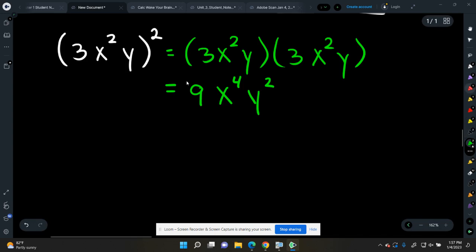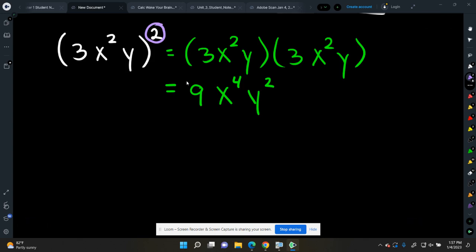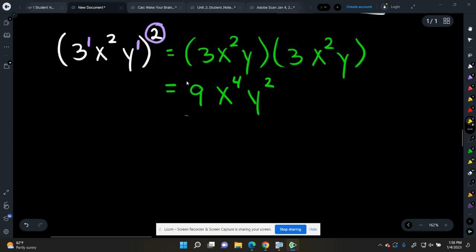We take this exponent and we distribute it. So, first off, what's the exponent that the 3 has? 1. What exponent does the y have? 1. Okay, so we're going to distribute this exponent. So this becomes 3 to the second. 1 times 2 is 2.